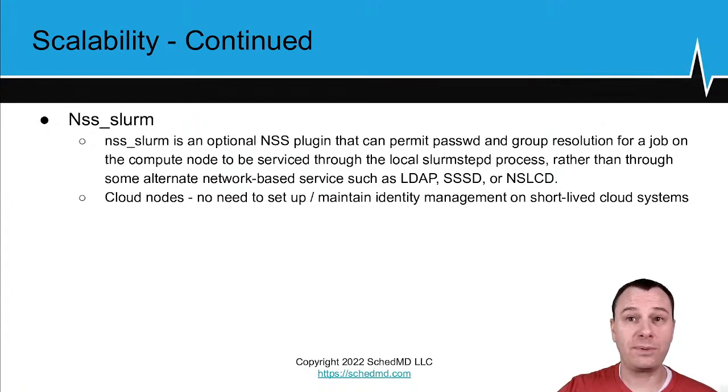This optional NSS plugin permits passwd and group resolution for a job on the compute node to be serviced through the local slurmdbd process. The advantage here is that a site can reduce the number of queries against LDAP, SSSD, and NSLCD. And for sites that burst out into the cloud, there is no need to duplicate identity services on those cloud nodes.